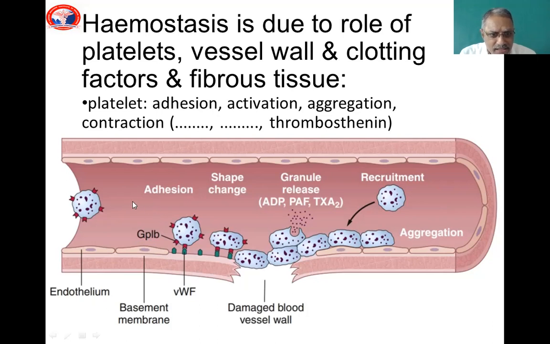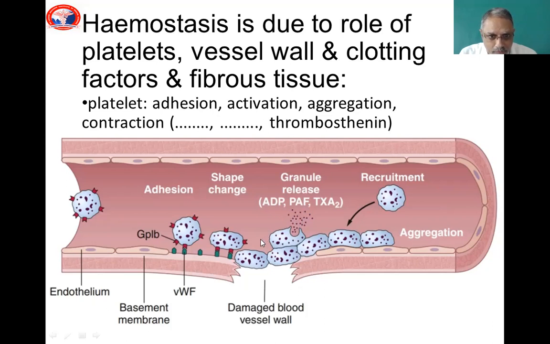As the platelets are pinched out from megakaryocytes, they have the von Willebrand factor, which on activation and degranulation is secreted into the blood.